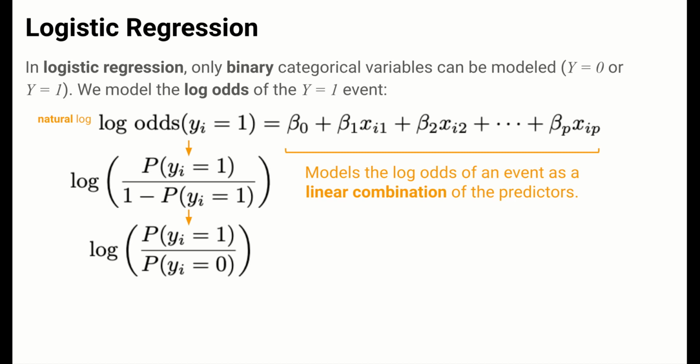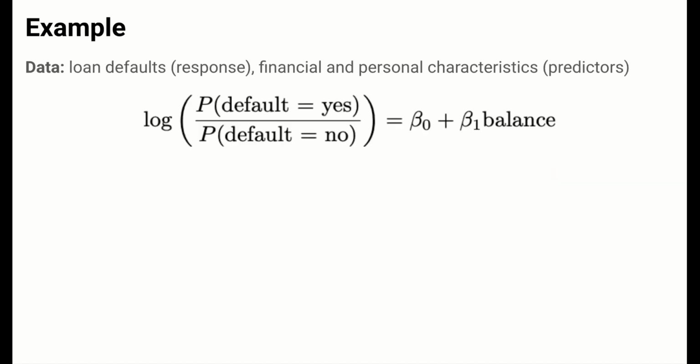In logistic regression, we model the log odds of an event as a linear combination of the predictors, just like how in linear regression we model the average or expected value of a quantitative outcome with a linear combination of the predictors. Let's look at an example.